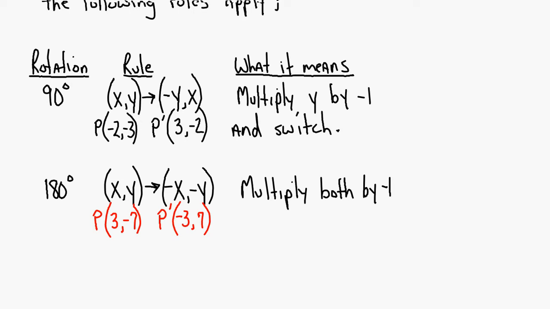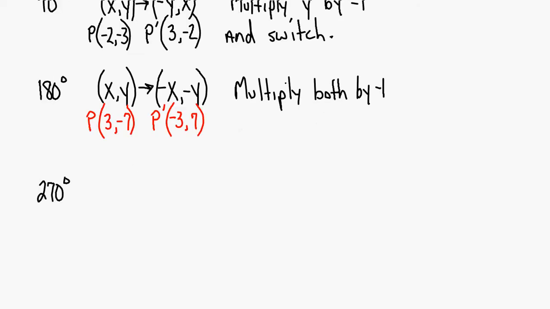And finally, a 270-degree rotation about the origin. You're going to take the x and y values of the pre-image and rotate the shape 270 degrees. Your x value will become your y, and your new y value will become the opposite of the original x.